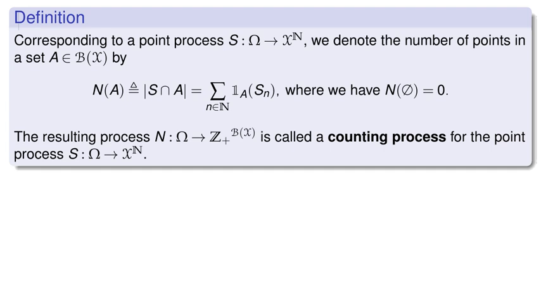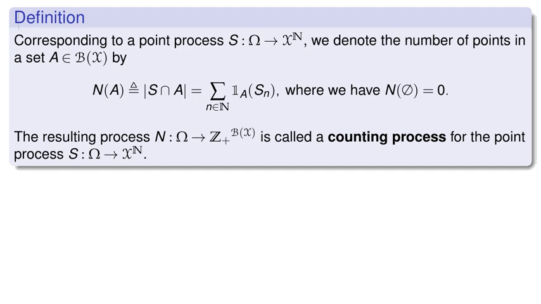Corresponding to a point process S, which maps from omega to script X raised to N, we denote the number of points that fall into a set A, an element of script B of script X, by N of A. This is defined as the cardinality of S intersect A, which can be written as the sum over n in the natural numbers of the indicator function of A applied to S sub n.